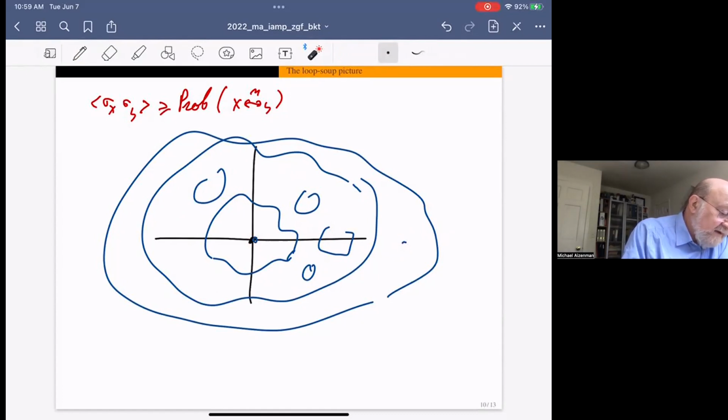So delocalization goes hand in hand with the existence of infinite families of nested loops.